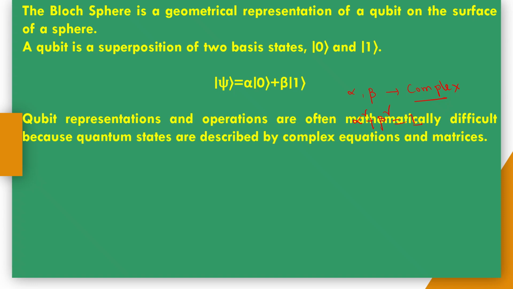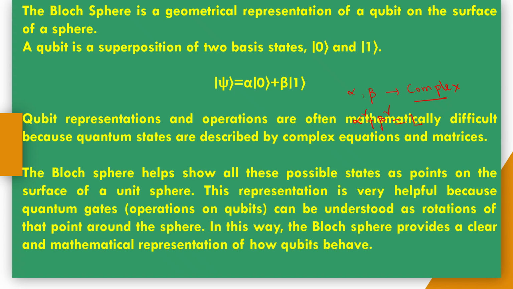The mathematical representation of the qubit and the operations on it is a little complex for beginners. To make it easy for everyone, and to represent it from a visual point of view, we use the Bloch sphere.